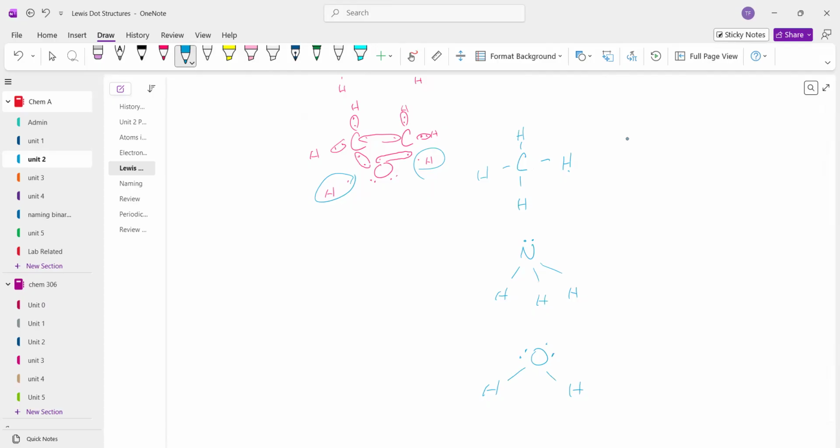Okay, let's look at these 3 molecules. The first step is doing Lewis structures for these. They'll give you the formula like CH4, NH3, H2O.